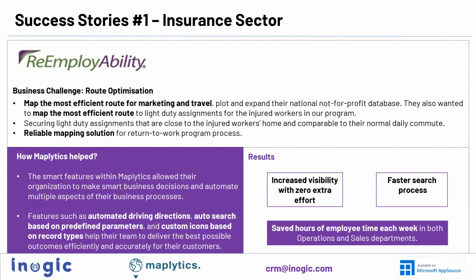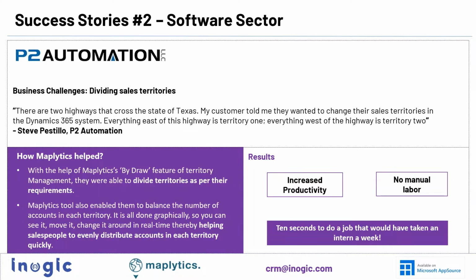Like I mentioned, we have been in the industry for a decade now, and we have quite a few success stories. We have clients who have been associated with us for over 10 years now, and not only clients but also partners. P2 Automation is one of our renowned partners, and we have been in business with them for 5 years now.